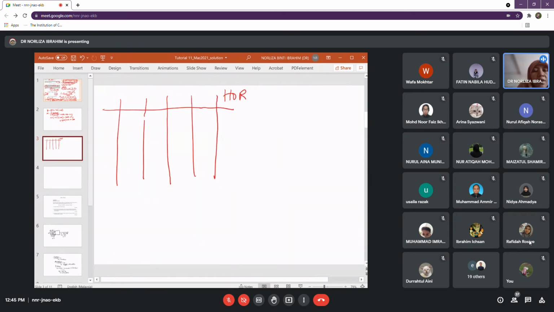So this is HOR. So the reference state will be all the reactants and products. So C3H8 gas, oxygen gas, nitrogen gas, what else? CO2 gas, water gas.